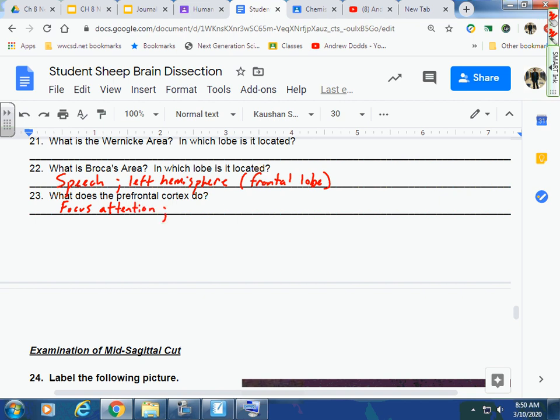But what's really special for us is this is an area that allows us to think about future consequences, planning, and future consequences of our actions. Sometimes that takes a little longer to fully develop, and that's why sometimes little kids make poor decisions. And some adults don't fully mature, I guess. All right, so that is 1 through 23, finally, all done.